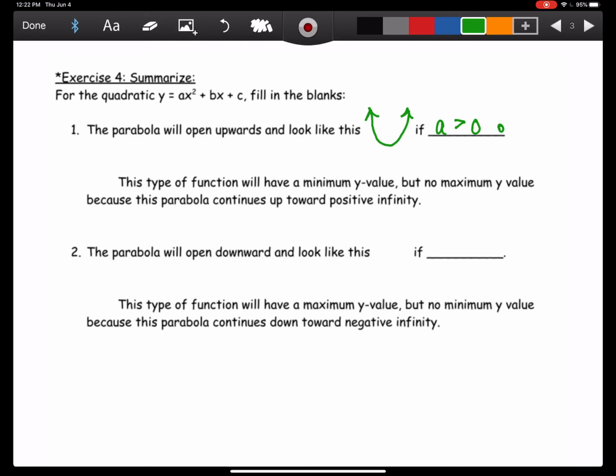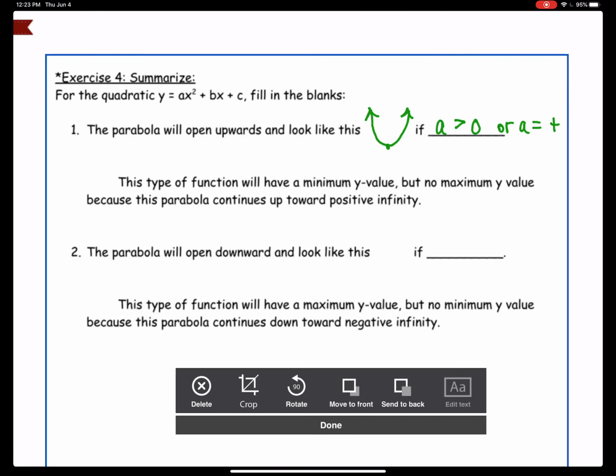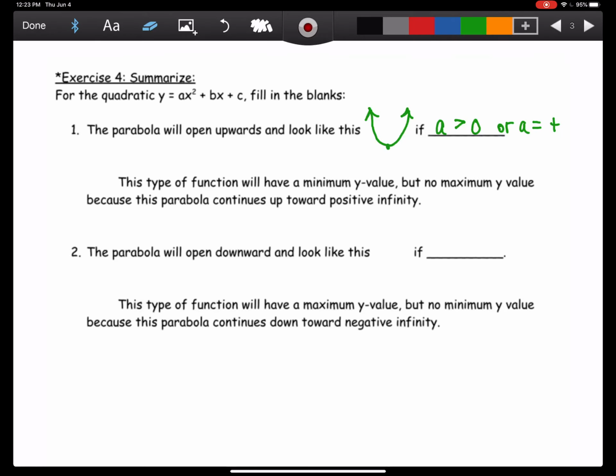Another way to say that is, if a equals a positive value. And then I wrote what he wrote in his video, but I added a little more. So this type of quadratic function will have a minimum y value, meaning that it has a low minimum y value right here. But it will have no maximum y value because this parabola will continue toward positive infinity, up, up, up.